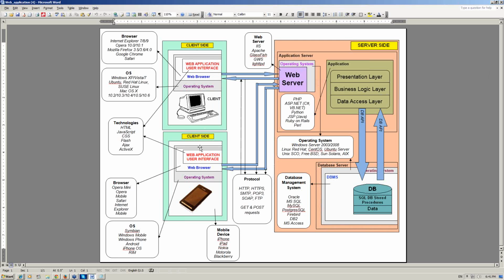Client side could be a computer running Windows or Macintosh, whatever the operating system, Unix. And you also have a mobile device here as a client application, because inside your mobile device you have a browser. And if you access web applications through that browser, which is running on your handheld device, then that browser is actually a client of the application.